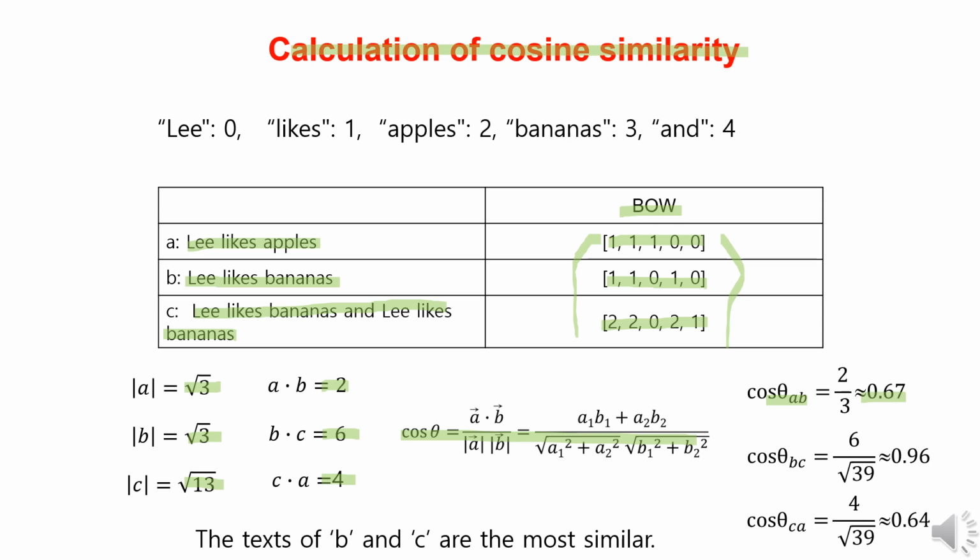Between sentences Lee likes bananas and Lee likes bananas and Lee likes bananas is 0.96. And between sentences Lee likes apples and Lee likes bananas and Lee likes bananas is approximately 0.64. So the sentence pairs with cosine similarity values closer to 1 are considered more similar. In this case, sentences B and C have the highest cosine similarity, indicating that they are the most similar.